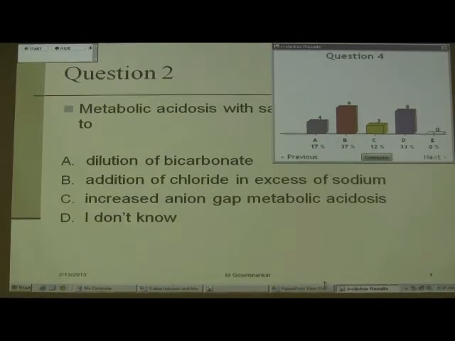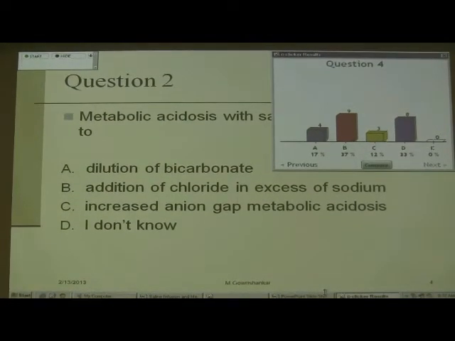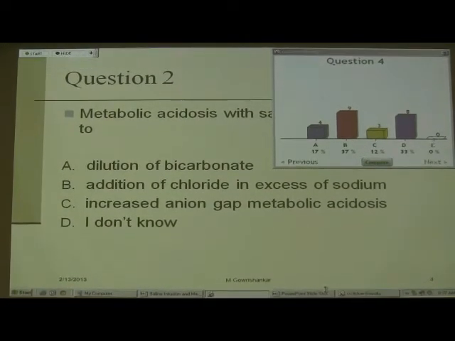Okay, so now we have a smattering of answers. Some of you think that it may be dilution of bicarbonate, but most of you seem to think that it's because of chloride in excess of sodium. And I'm really glad to see that a third of you said that you don't know, which is good to know.